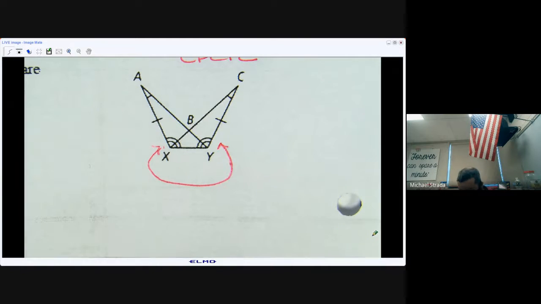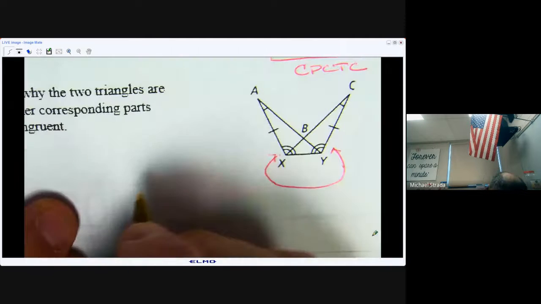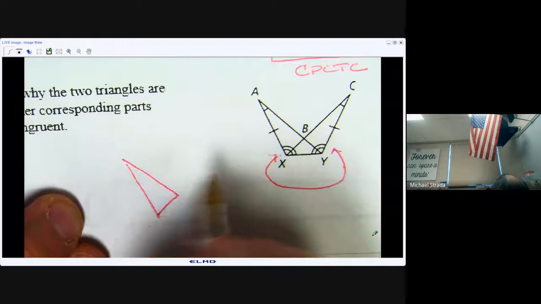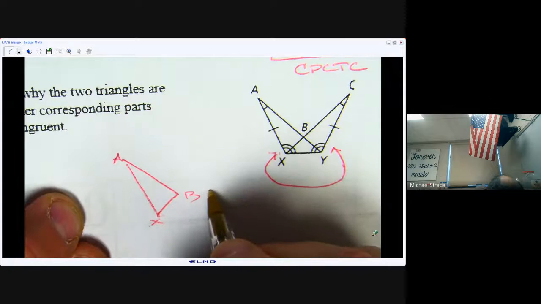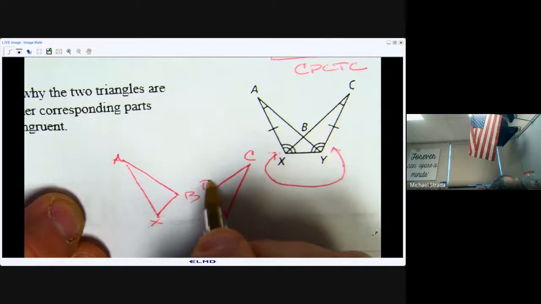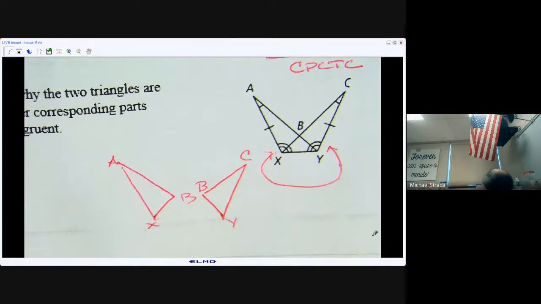Now, there's actually two sets of triangles that are congruent in this one. One of them, ABX and CBY. Again, going back to triangle proofs, what may be helpful in these? Drawing them what?